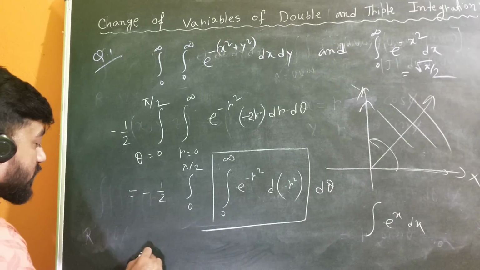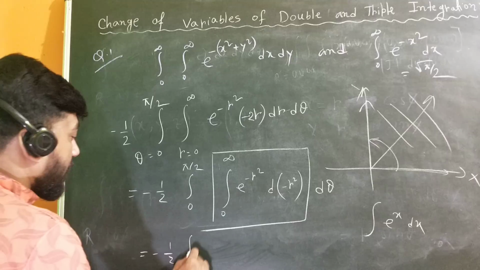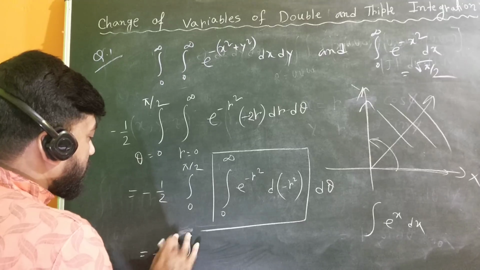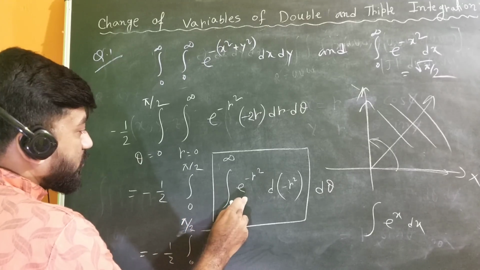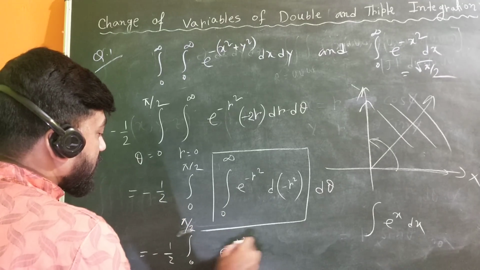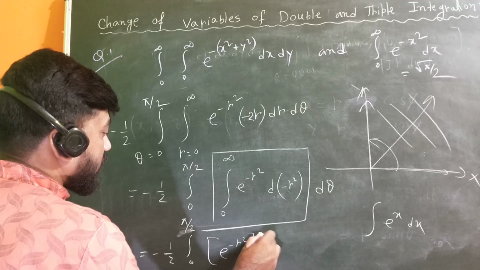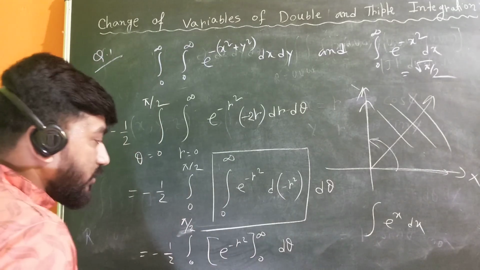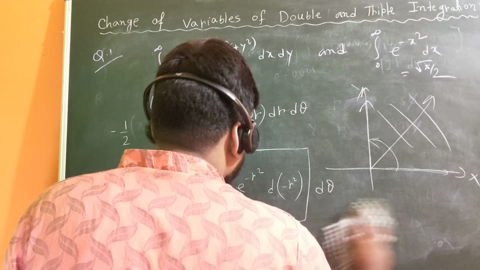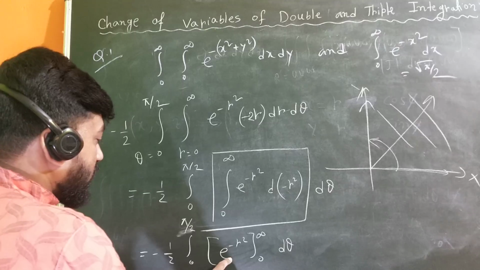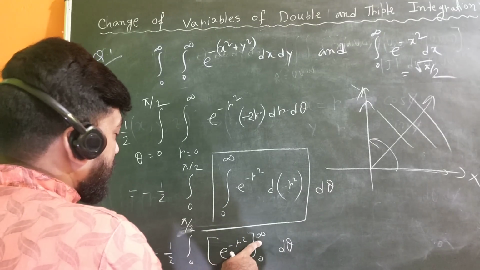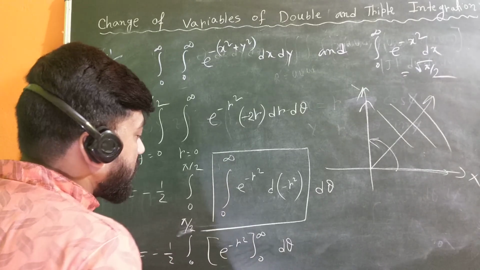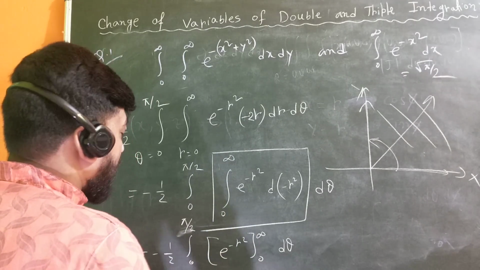So the value of this integration will be minus half integration 0 to pi by 2, and this will be e to the power minus r square only, and the limit will be from 0 to infinity. And obviously d theta will be there. So now what will be the result? If you see this e to the power minus r square, e to the power minus infinity is 0 and e to the power 0 is 1.